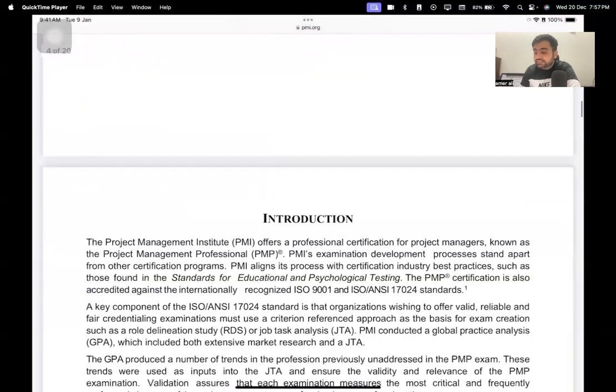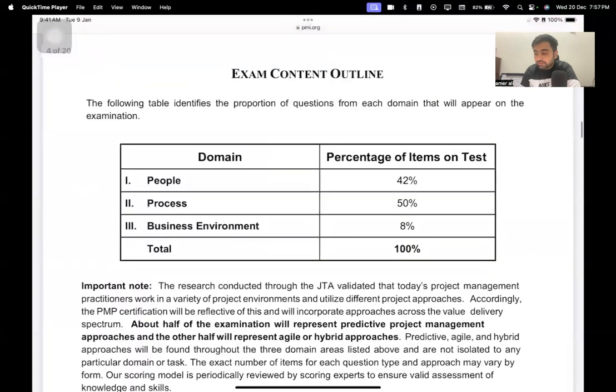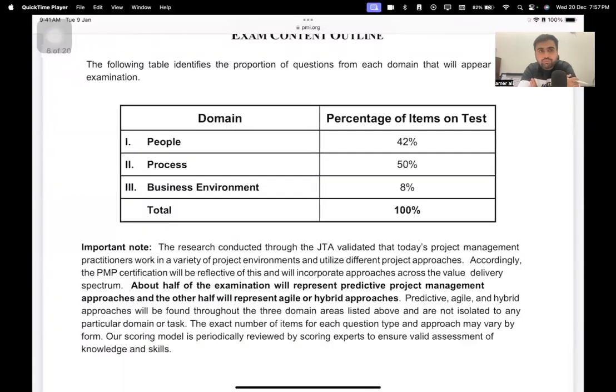When the exam questions come, you will not be able to tell which are from people, process, or business environment. They will all be scenario questions.